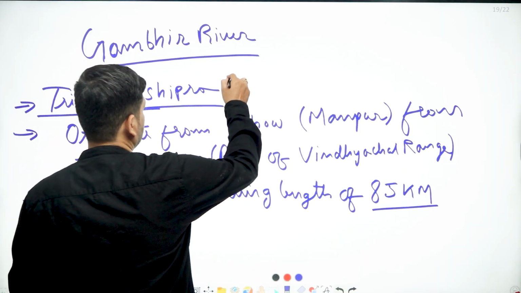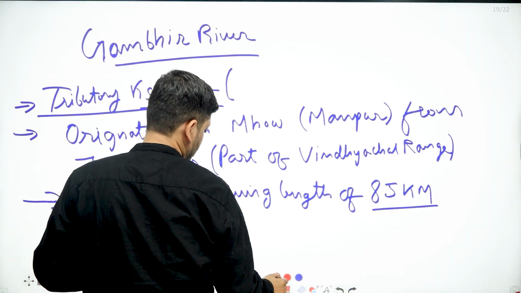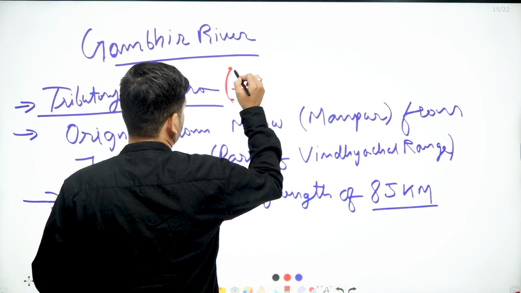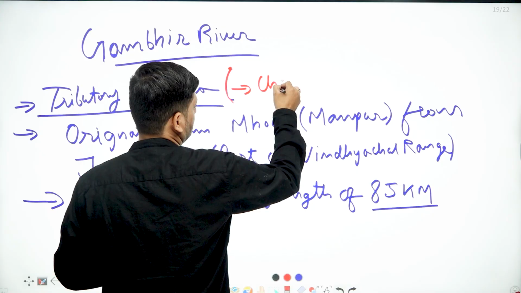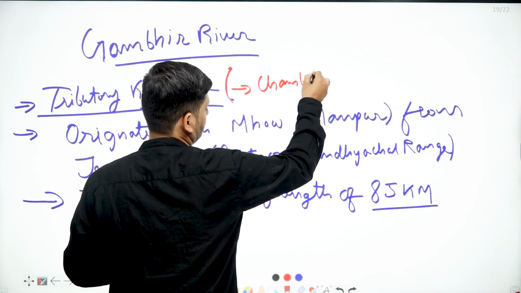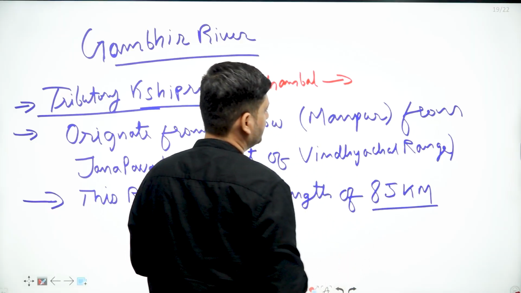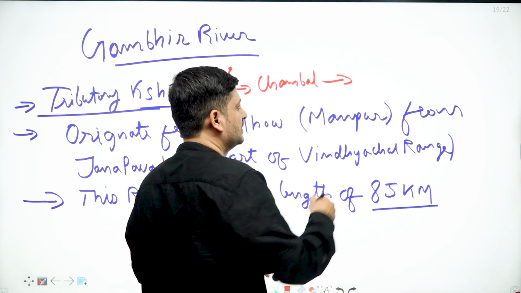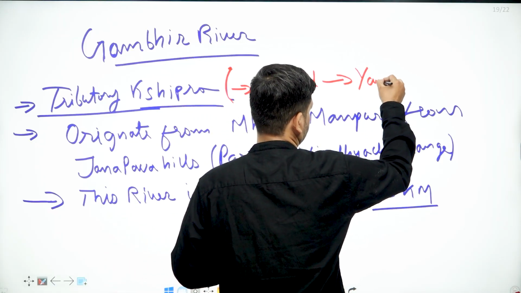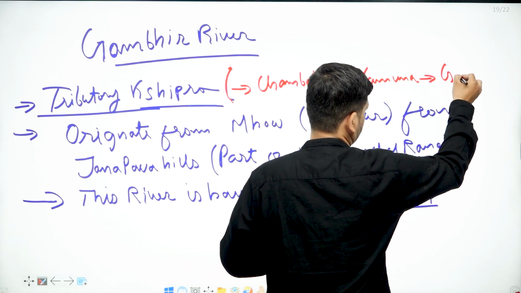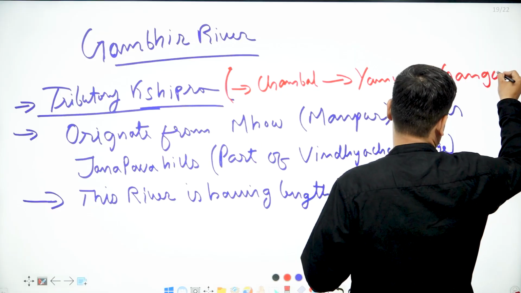So please do remember, it is a link which you have to know and understand: Shipra is a tributary of Chambal River, Chambal is a tributary of Yamuna River, and Yamuna is a tributary of Ganga River.